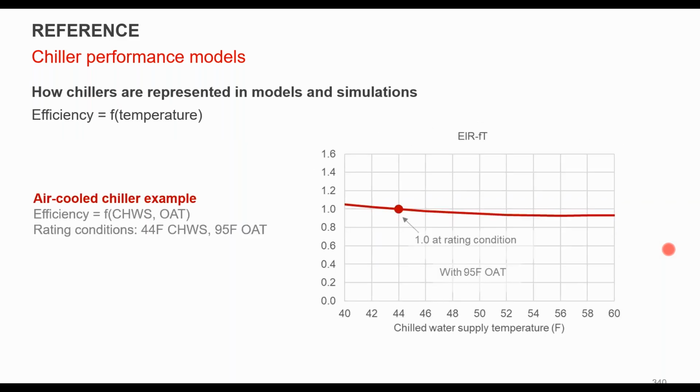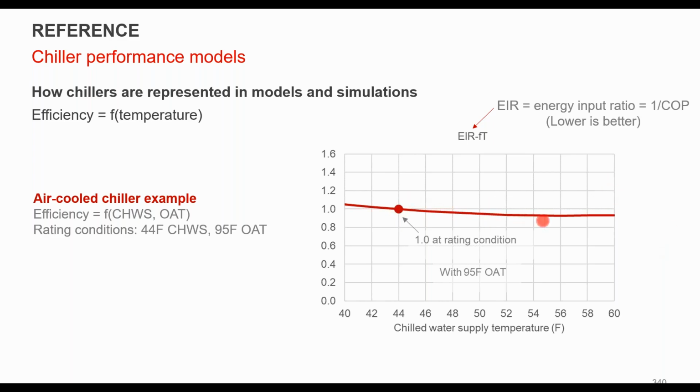The same thing goes for efficiency, where efficiency is rated based on the chilled water supply temperature and an outdoor air temperature. So there's a rated condition that varies. The efficiency will go down a little bit based on chilled water supply temperature, or up, depending. And again, EIR, just for reference, is 1 over the COP.